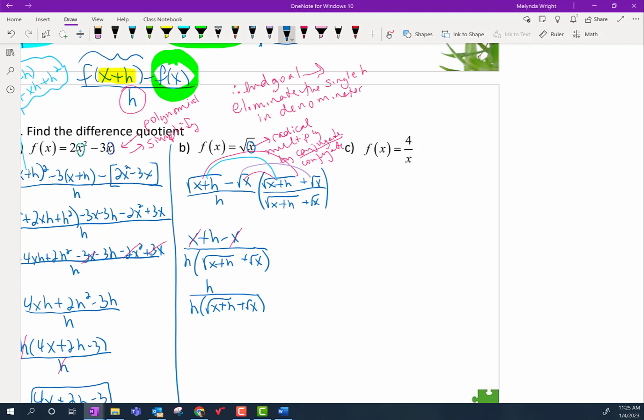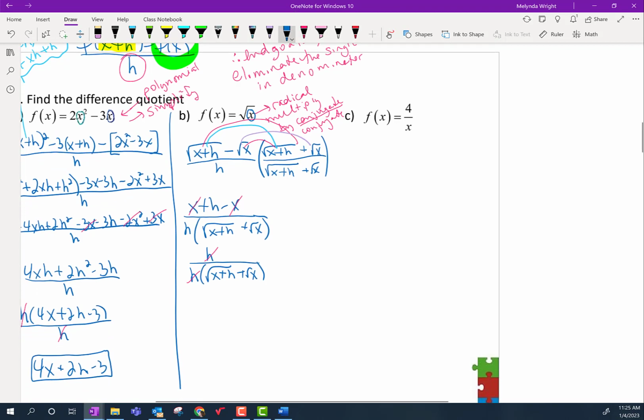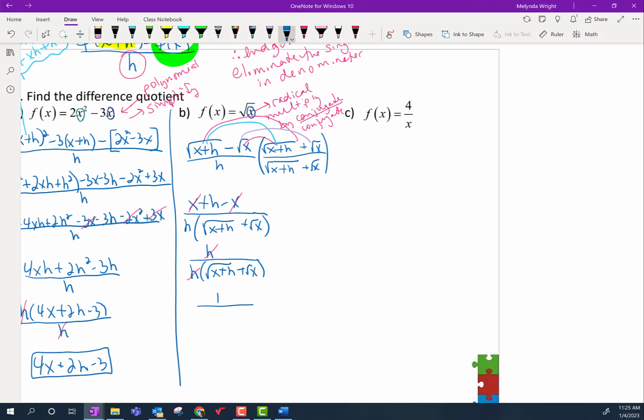What's opened up for us, ladies? See how the h's will go away now? So, gone and gone. My final answer for this one is going to be 1 over the square root of x plus h plus the square root of x. And we accomplished our goal, which was to get rid of the little baby h in the denominator.